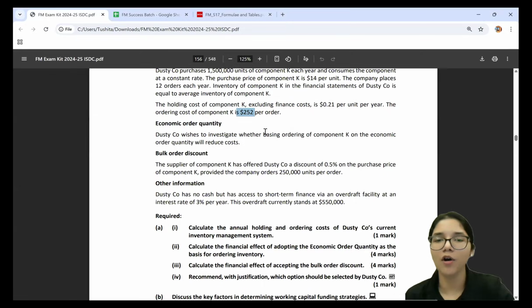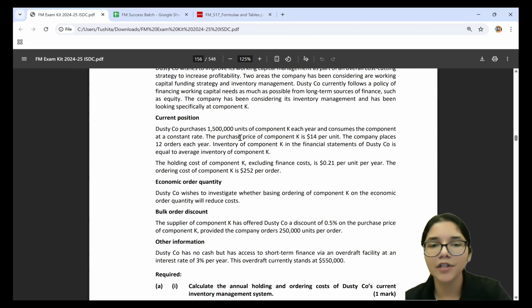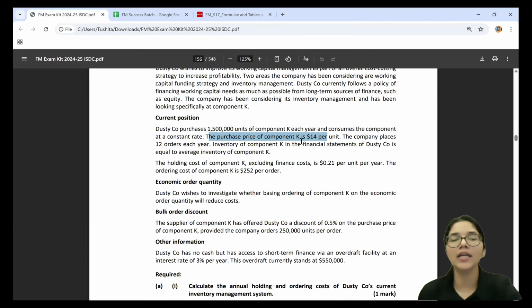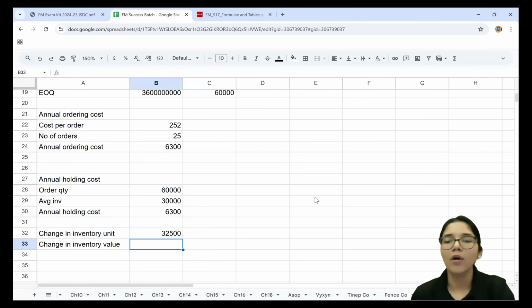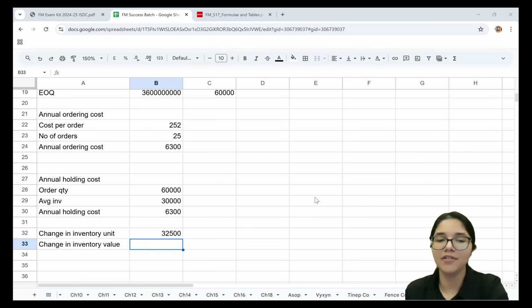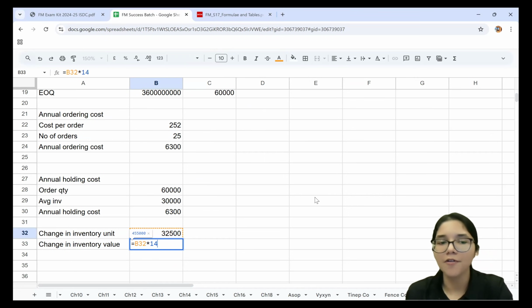So here it's given as a purchase price of $14 per unit. So if I want to find out the worth of 32,500 units, it will be equal to 32,500 times 14. This is how much my inventory has fallen in value.